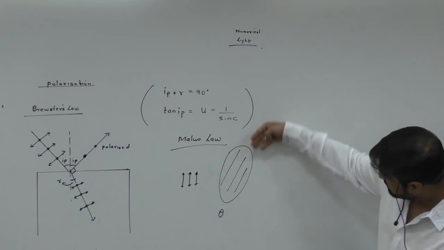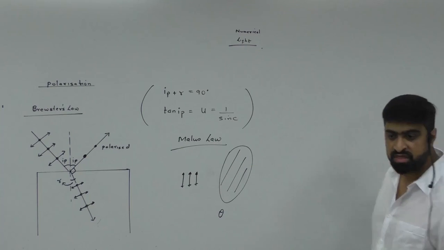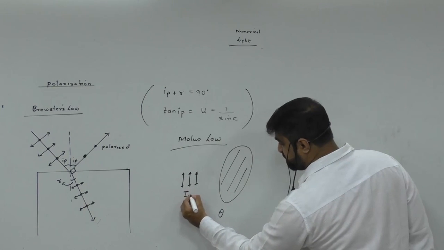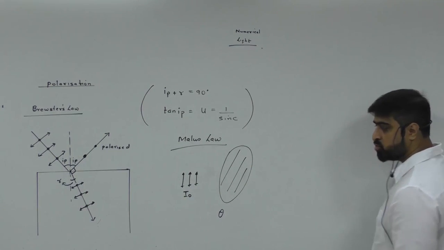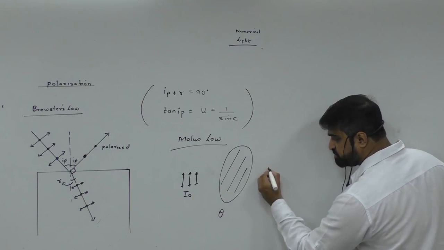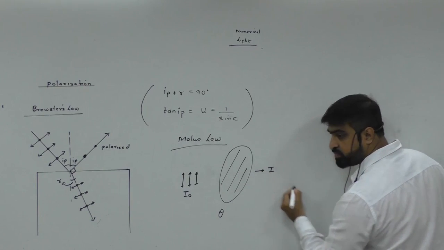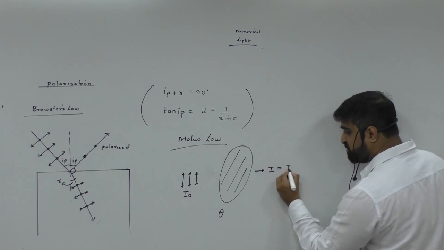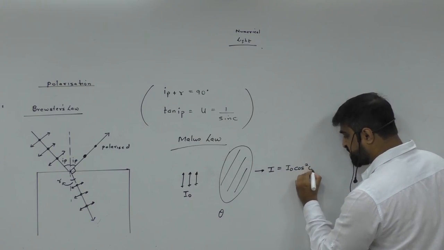With respect to vertical, its transmission axis is theta. Let the intensity of this be I naught. Then the intensity coming out from here will follow Malus law, and will become I naught cos square theta.